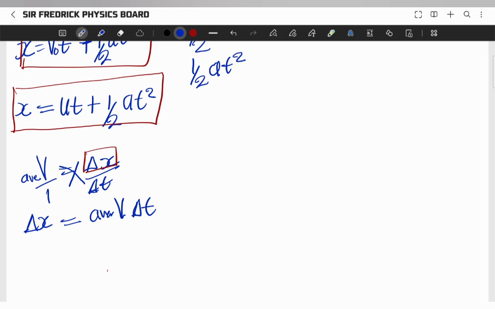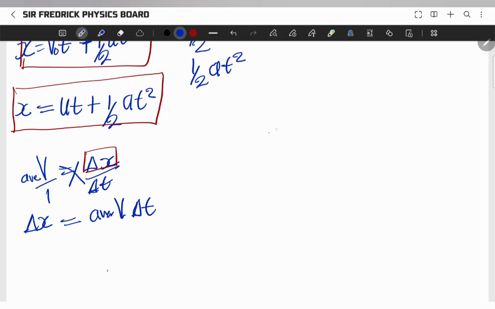So what do we do when we are solving for average? If you have 3 measurements, for example, or let's use 2. You have 2 measurements, for example.